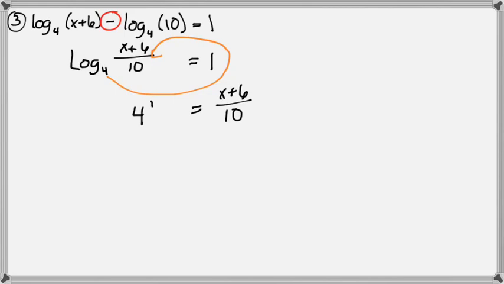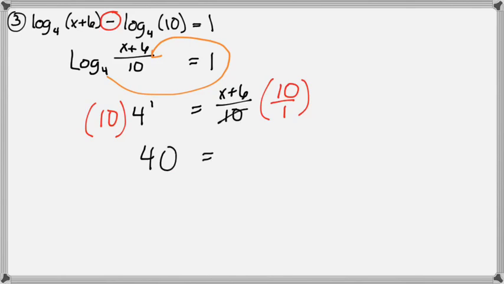To simplify this, to get rid of this fraction, we need to multiply both sides by our denominator. Our denominator is 10, so 10 over 1 is what I'm multiplying both sides by, which is the same thing as 10. That gives me 40 is equal to, these would cancel, x plus 6.